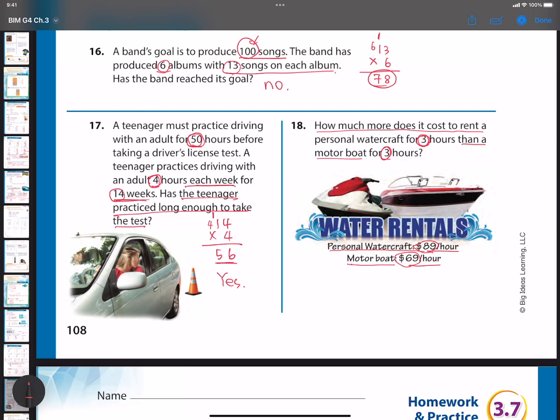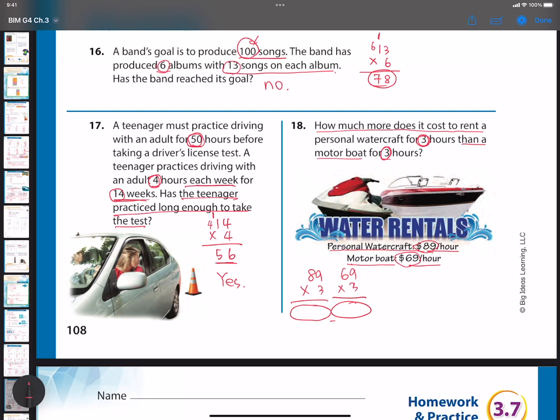Okay, so now 89 times 3, you are going to find out the product, right? And then you are going to get 69 times 3, and you are going to find the product. And then you need to take away. Make sense? Yes. If you want to do it, go ahead. But for me, I'm going to do it this way.